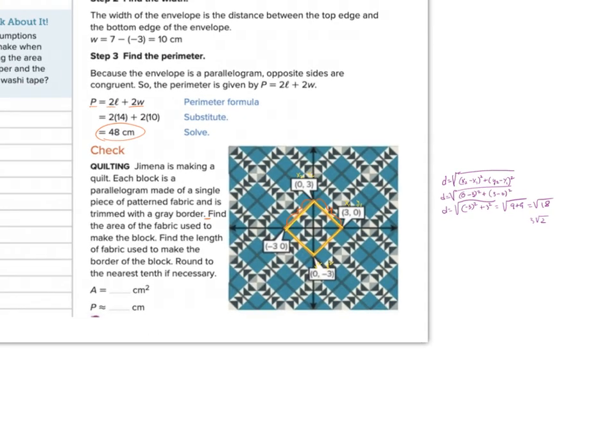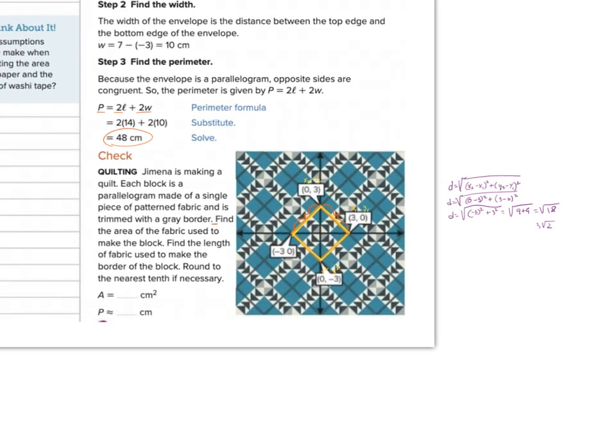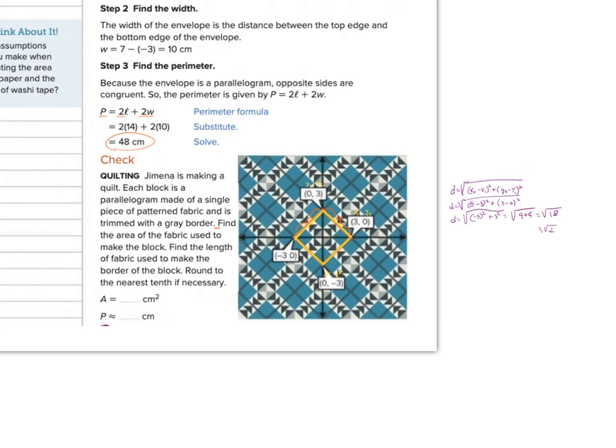So here, we know the length of one side is 3 square root of 2, so the perimeter in this case is going to be 2 times 3 square root of 2 plus 2 times 3 square root of 2.